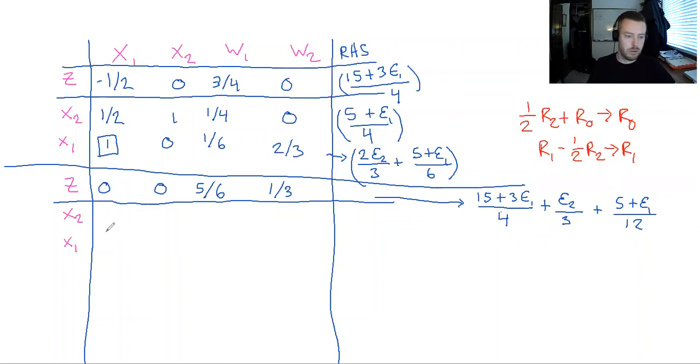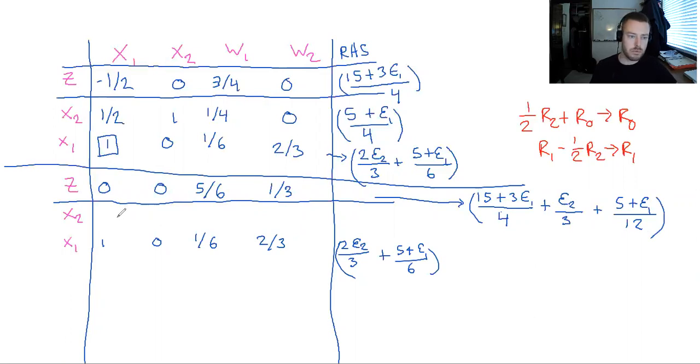Okay, cool. Well, we know that the bottom row is not going to change. 1, 0, 1/6, 2/3. We have 2 epsilon 2 over 3 plus 5 plus epsilon 1 divided by 6. Right, that's going to be that guy right there. Parentheses around this. Okay, and now we're going to have row 1 minus 1/2 of that.